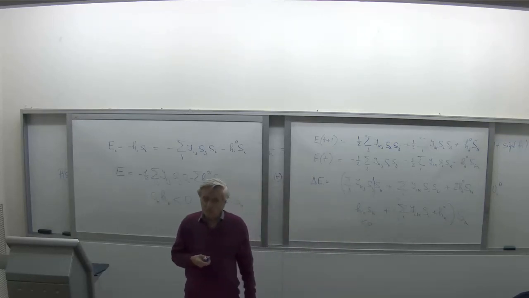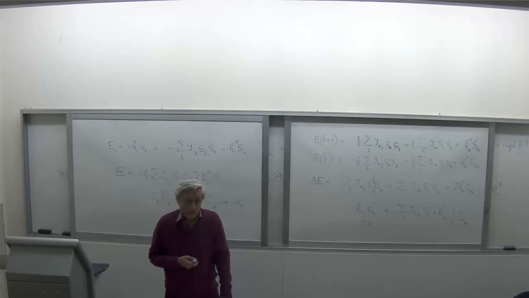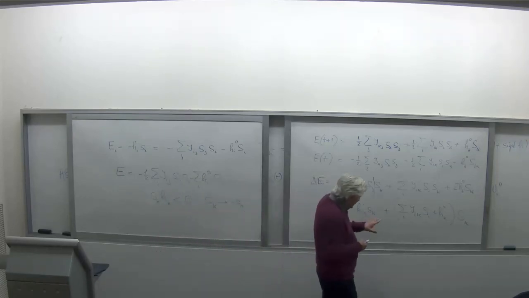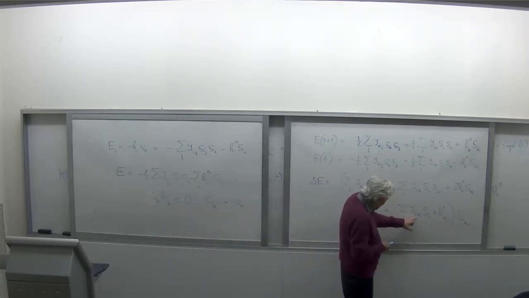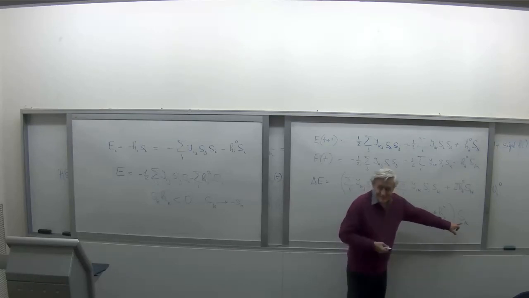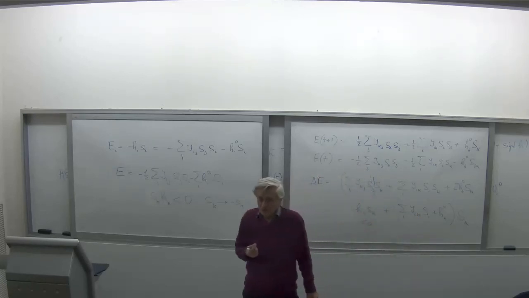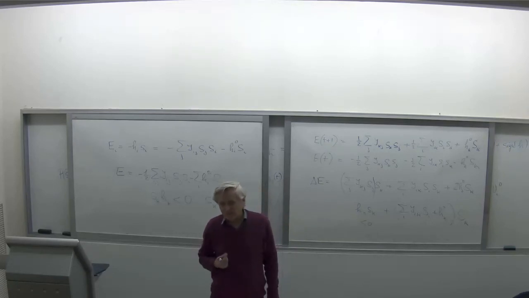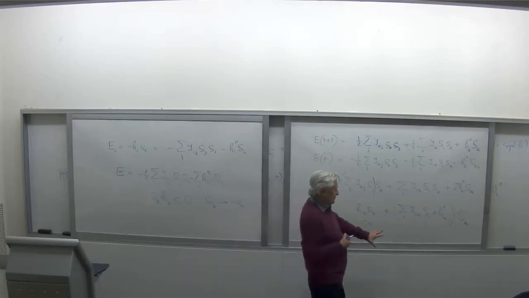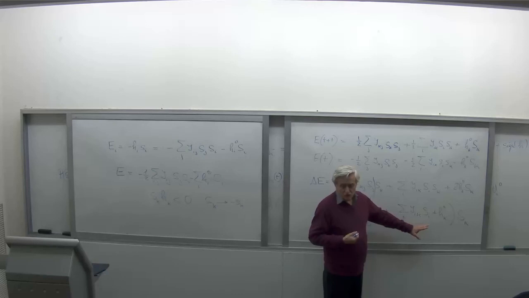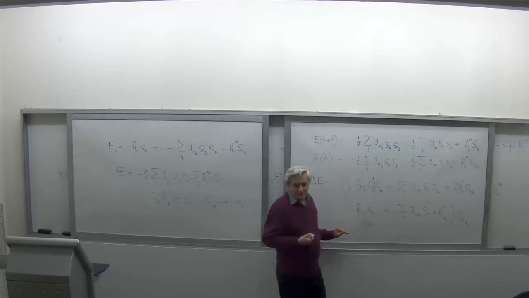And you don't know. Could be either. Why? Because this combination of J_ik times s_k is not the field on site K. Under what condition will this term be the same as this term?